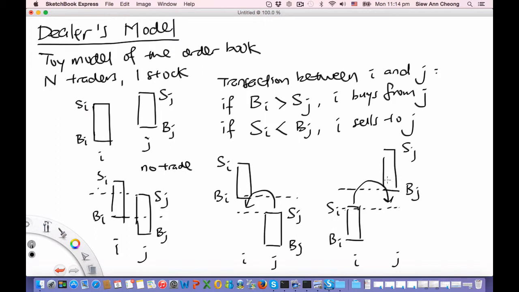And what happens after a trade is that, suppose we have a trade: agent I with BI, SI, and then we have J with BJ, SJ.